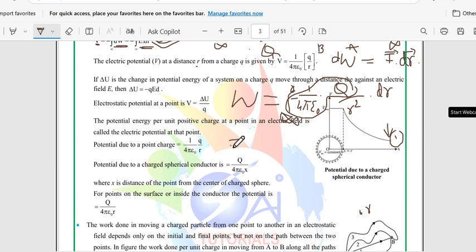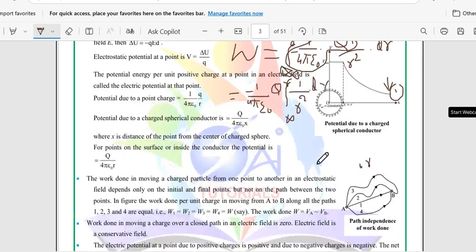Then W becomes minus 1 divided by 4 pi epsilon naught into Q, integration from infinity to R of 1 divided by R square into dr.